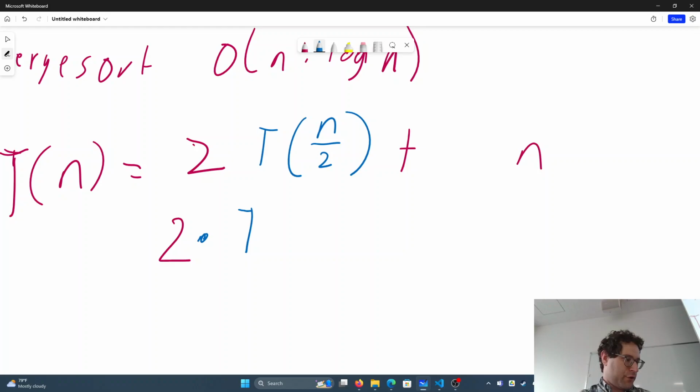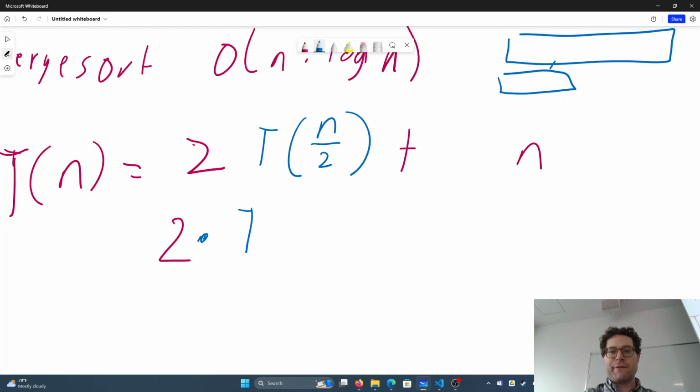Each of those n over 2 operations, right? Each of those halves, they split into quarters, right? You following what I'm saying here? If we have an entire array, we need to merge sort the left half and merge sort the right half, and then those have their own left half and right half, right?